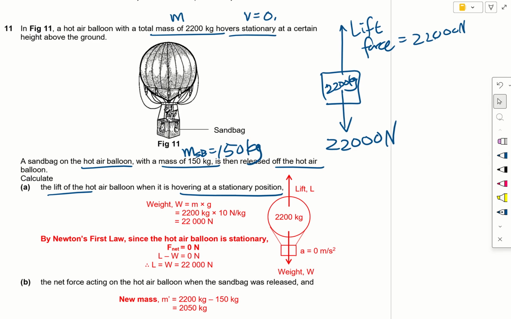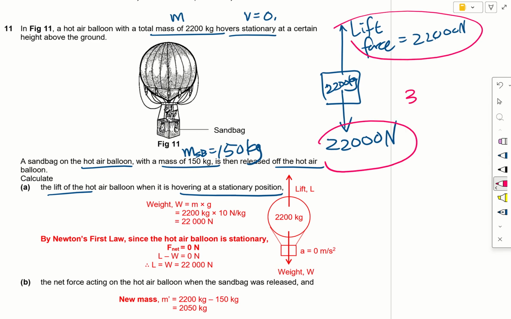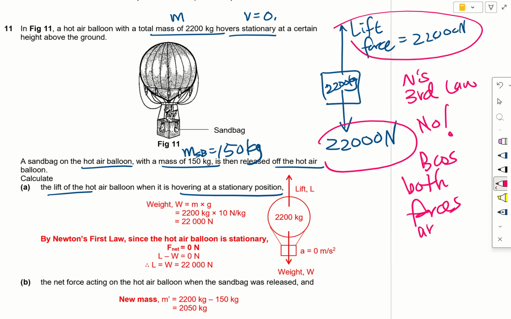Now, a very common question is, are these two forces Newton's third law forces? The answer is no. Important, because both forces are acting on the same object.